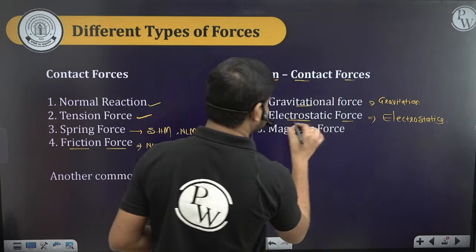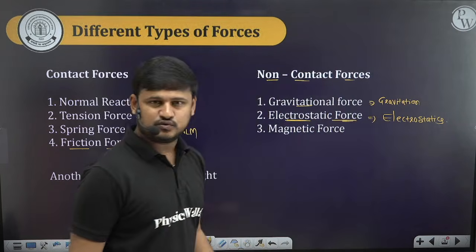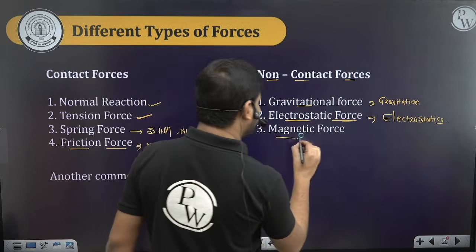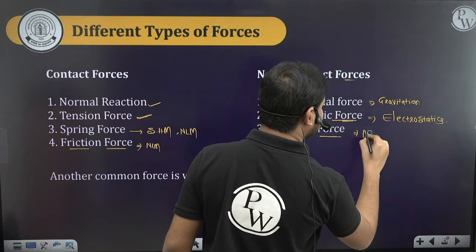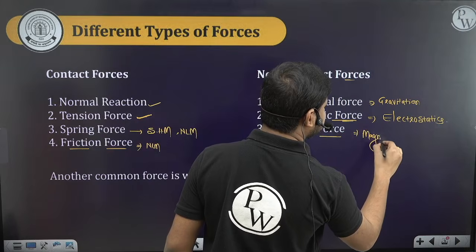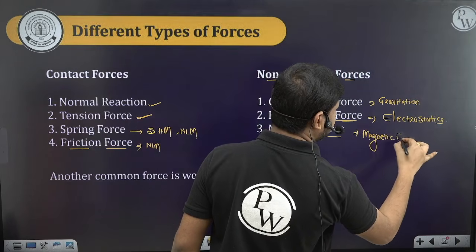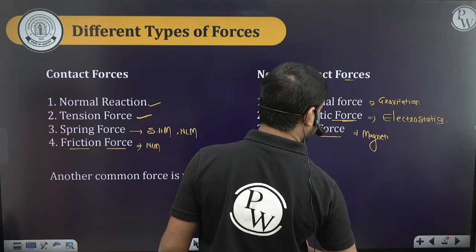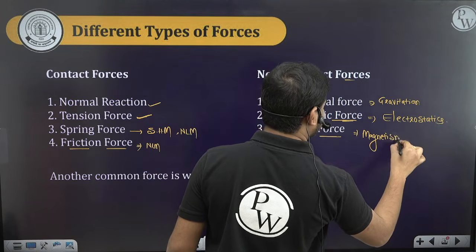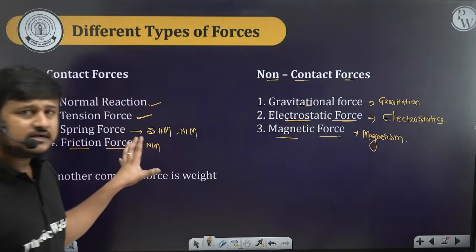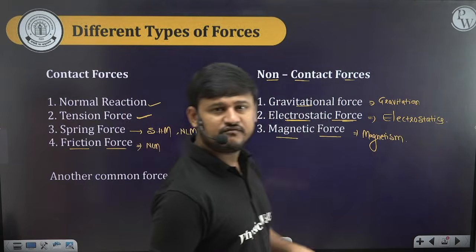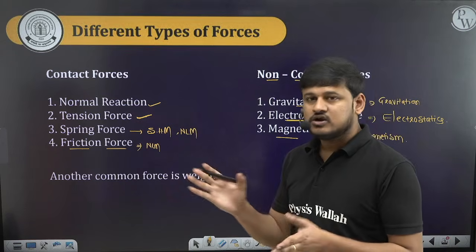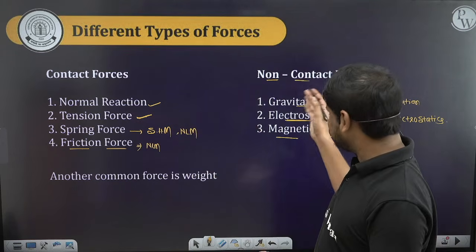There you'll understand the electrostatic force. Then the magnetic force, also in second year, that is +2, in the magnetism topic. Clear? These are the forces which we study in our total +1 and +2.